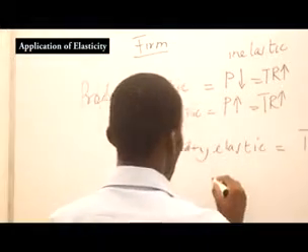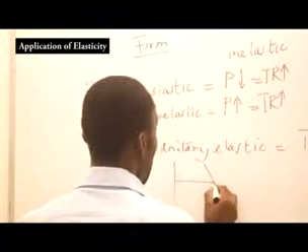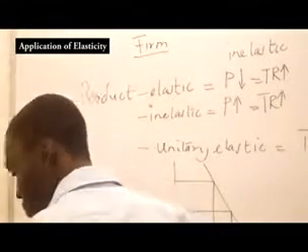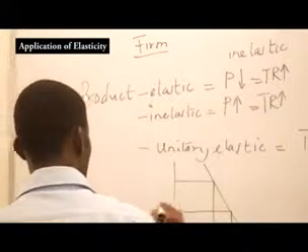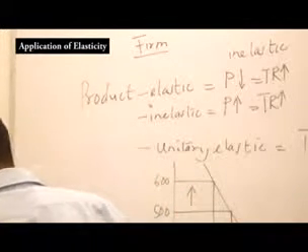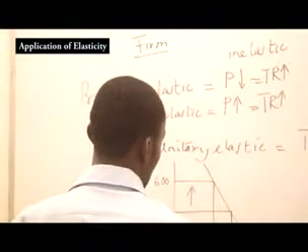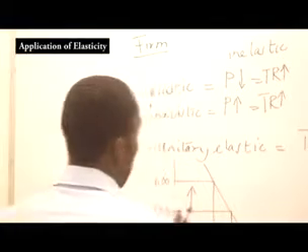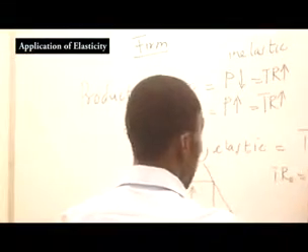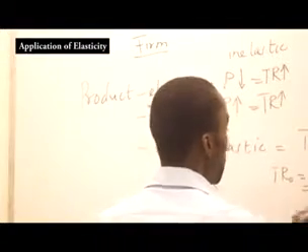So let's have a situation where now the demand curve is unitary elastic, price increases from 500 to 600, but quantity also decreases from 12 to 10, so that your initial total revenue is equal to 500 times 12, which is 6,000.